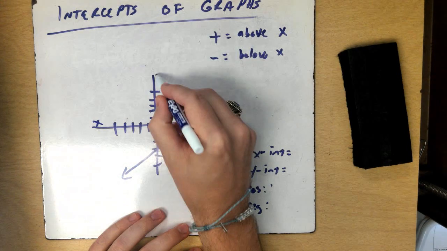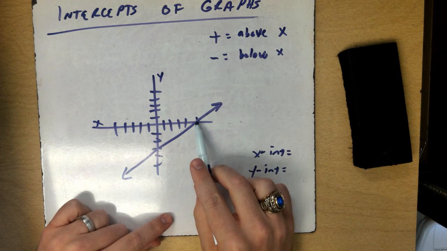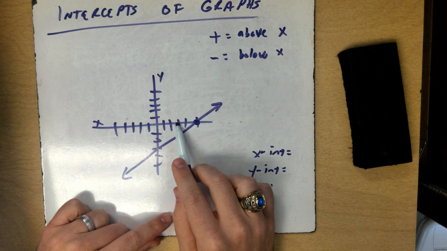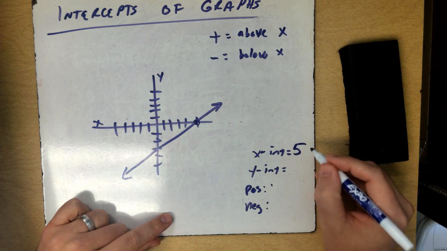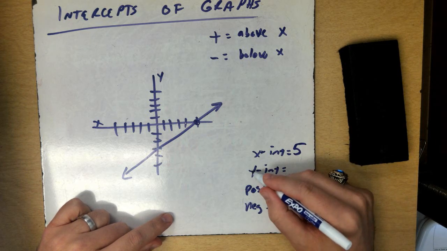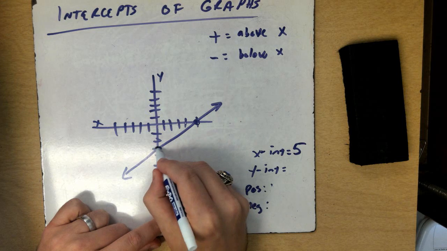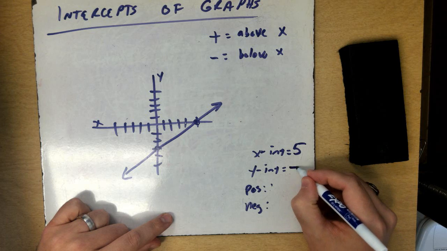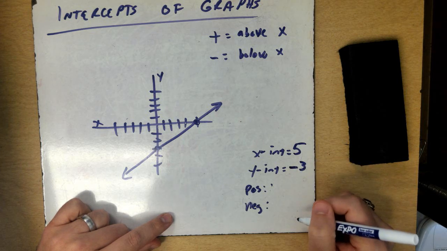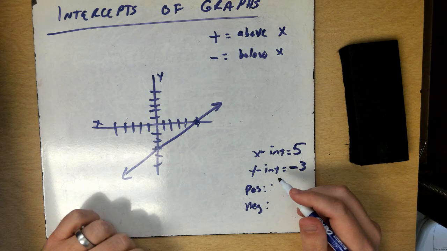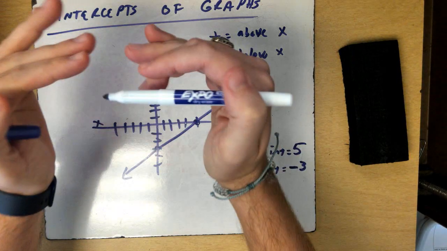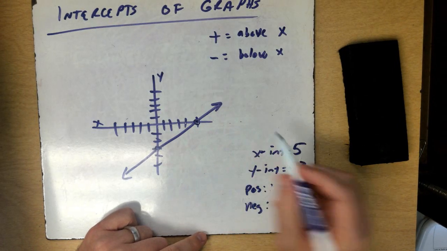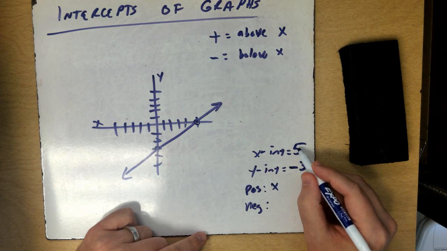Remember, this is x, y. Starting from 0, 1, 2, 3, 4, 5, it crosses the x at 5. Our y-intercept is down here: 0 going down, 1, 2, 3. Because we're going down 3, it's negative 3. Now, positive is above the x, negative is below the x. So we look at our x-intercept here. Our x-intercept is 5.